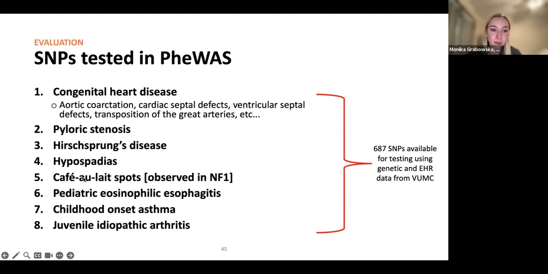We also had some rare disease representation with cafe au lait spots, which are observed in neurofibromatosis type 1, and then some autoimmune diseases with pediatric eosinophilic esophagitis and juvenile idiopathic arthritis, as well as one inflammatory condition with childhood-onset asthma. So even though we did not have comprehensive coverage of the pediatric phenome, we had a range of pediatric phenotypes that we were able to test in our comparative PheWAS analyses.